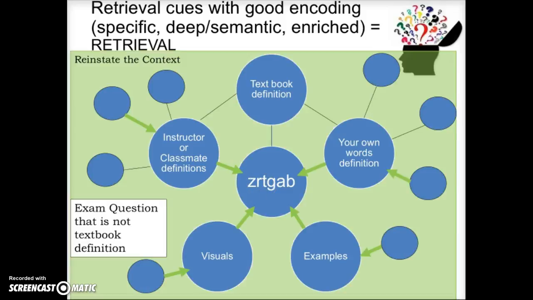And we can also use reinstating the context to help prime and activate our memory. When you do this, you have a deeply encoded memory that you have a network that can activate to help get you to that correct answer.